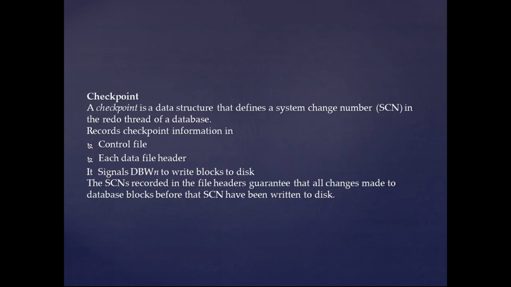Once the data goes to the log files, the data becomes very secure, because the changes are already saved there. Even if the instance crashes, you can get the changes from the log files, even though the data is not yet refreshed in the data files.